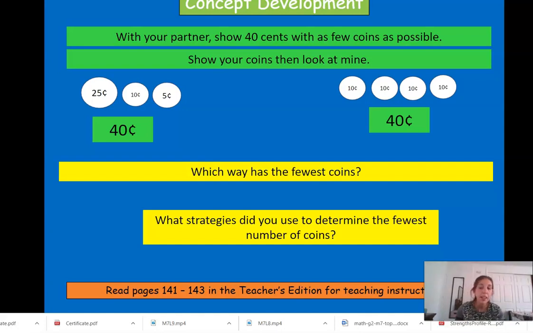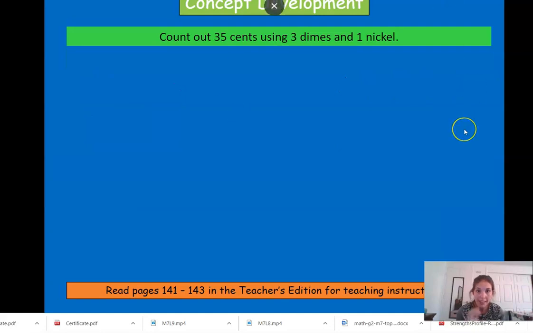So I always start with a quarter and see, can I use a quarter to give back the change? If the amount of change is worth 25 cents or more, then I can use a quarter. If it's less than 25 cents, then I can't use a quarter. But if I can use a quarter, I try to use a quarter. Then I try and look and see, can I use 2 quarters for 50 cents? Can I use 3 quarters first before I start adding on my dimes, which are the next highest amount of coin? Don't worry, we're going to practice these today.